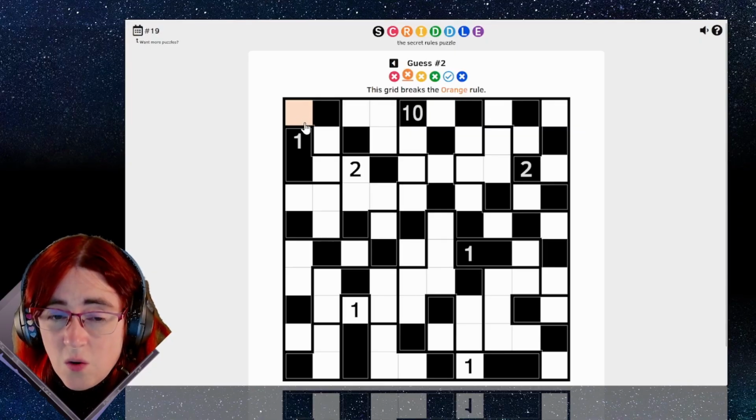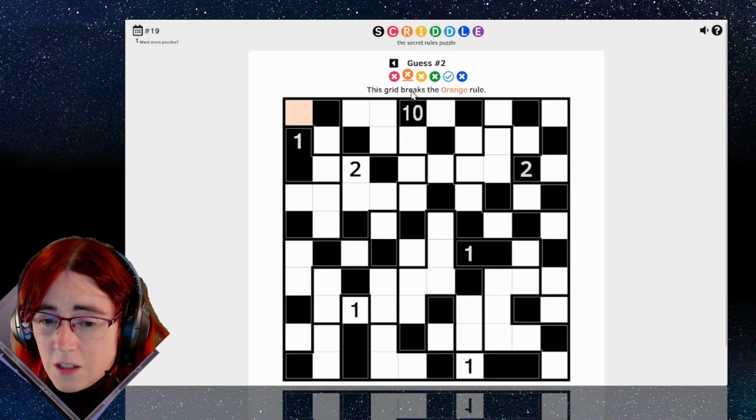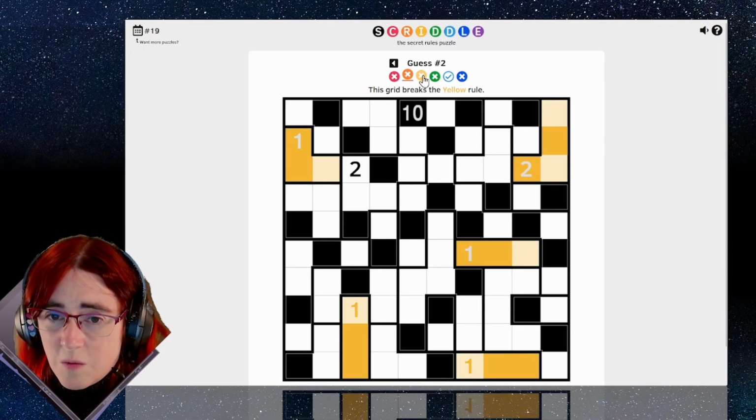It shaded one tiny little room and left everything else, which includes little tiny regions like this, and includes big contiguous regions. Okay, so maybe next time for the orange rule, we try to make all of our white space connected. It's going to be hard.